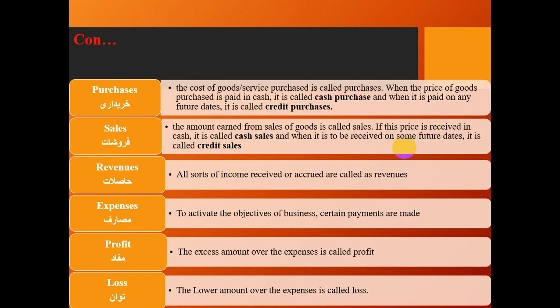Expenses are the payment which is made for a certain objective or for the activation of that objective. Profit is when my revenue is more than expenses. When my revenue is less than my expenses, that is called losses. So the income, the amount that you are receiving, should be more than your expenses, that is what profit you have.